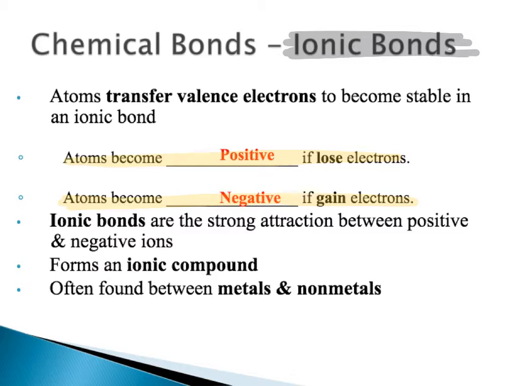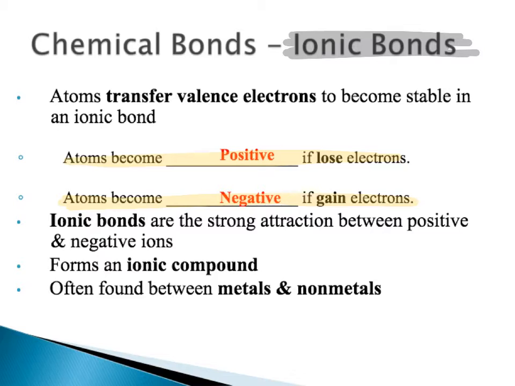But, all right, so what happens in an ionic bond is just that, and I will show you an example, that we have these atoms that are either losing or gaining electrons, and because of that, because they become charged, they become like magnets, because positive and negative attract to each other.